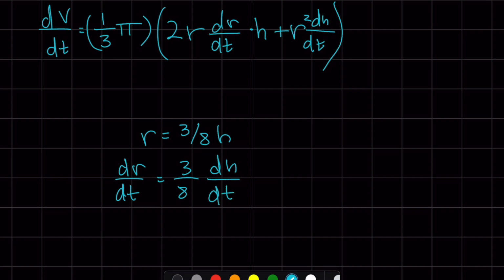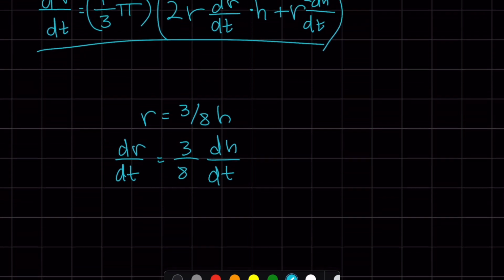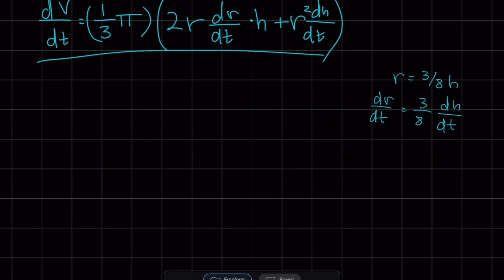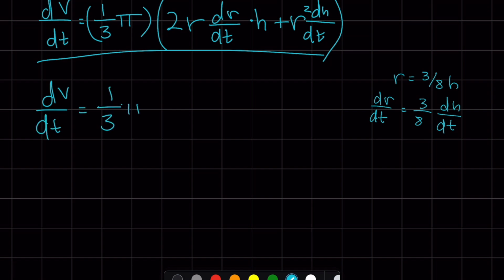And now I have a substitution that I can put into our equation up here. So if I plug that in, I'm going to get dV over dt equals 1/3 pi times 2r.